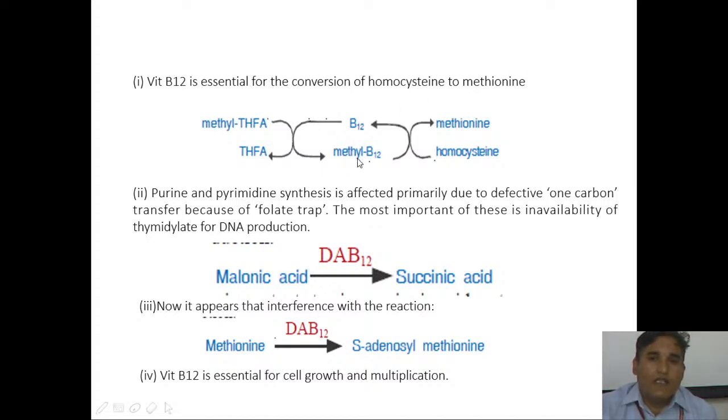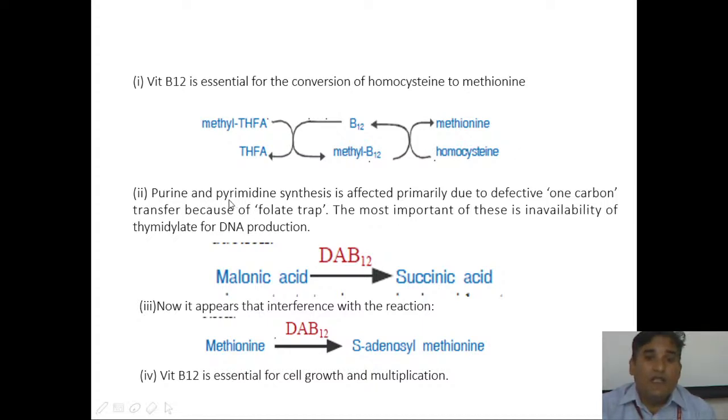First, methyltetrahydrofolic acid gets converted to tetrahydrofolic acid, and this methyl group combines with vitamin B12 to form methyl vitamin B12, and this methyl vitamin B12, when converted to vitamin B12, transfers one methyl group to homocysteine to form methionine, because homocystinemia is a very common problem for atherosclerosis and other diseases.